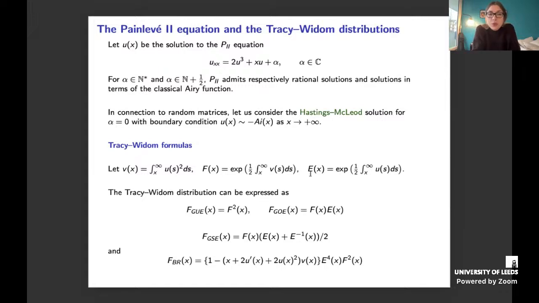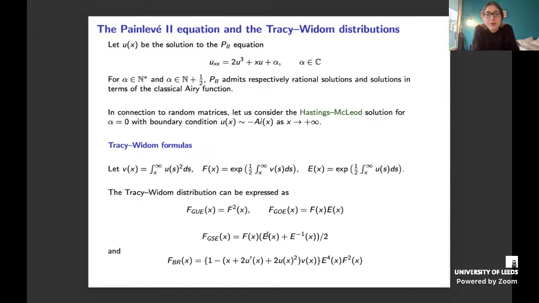So we have the GUE, which is F squared. The GOE is this product of FE, and the GSE, the Gaussian symplectic ensemble, can be expressed as this product of FE plus FE minus 1, divided by 2.